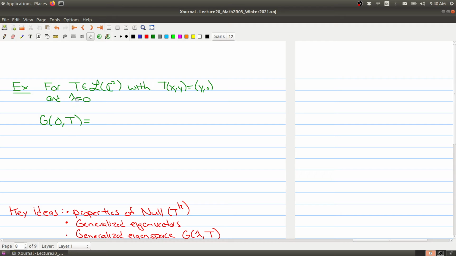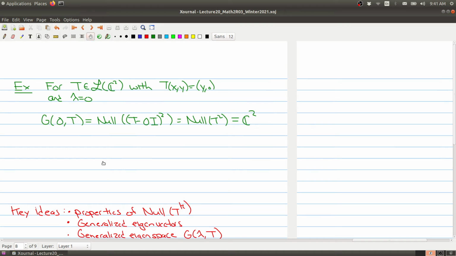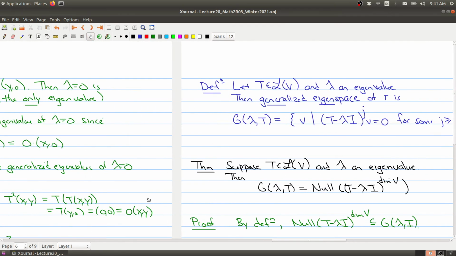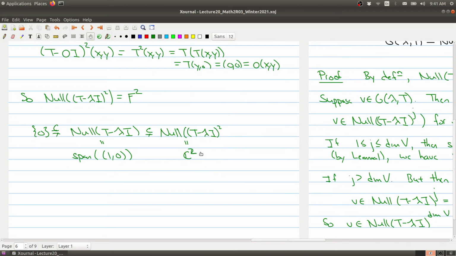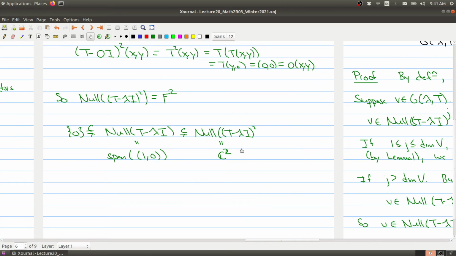By definition, the generalized eigenspace of 0 of the linear operator T is, by the previous theorem, the null space of (T minus 0I) squared, which is the same thing as the null space of T squared, which we just computed in the example before the break. And let me just go back. Right here, we computed that it's equal to the whole space.